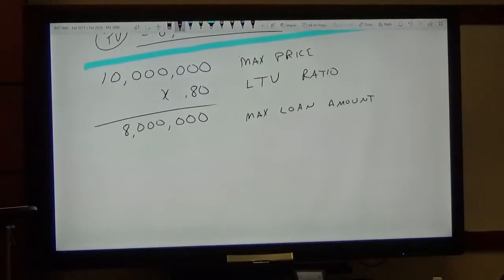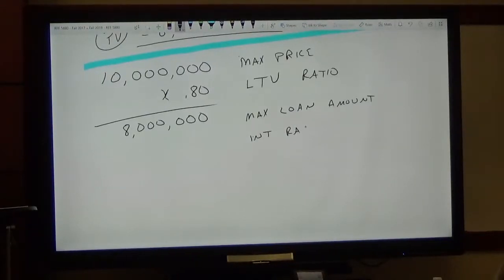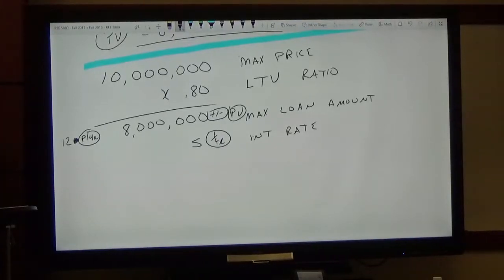Then, based upon that, we know the interest rate. Let's say the interest rate on the loan is 5%. So if this is our maximum loan amount, we can go ahead and put that in as a present value. And once again, this is going to be 12 payments per year. Then we say, okay, they're willing to give us a 20-year loan.